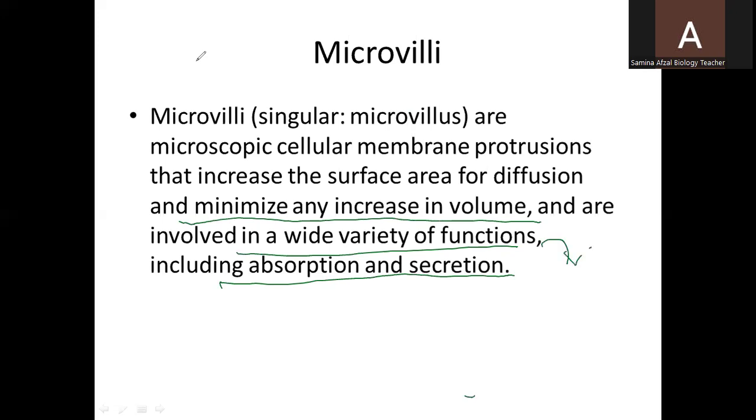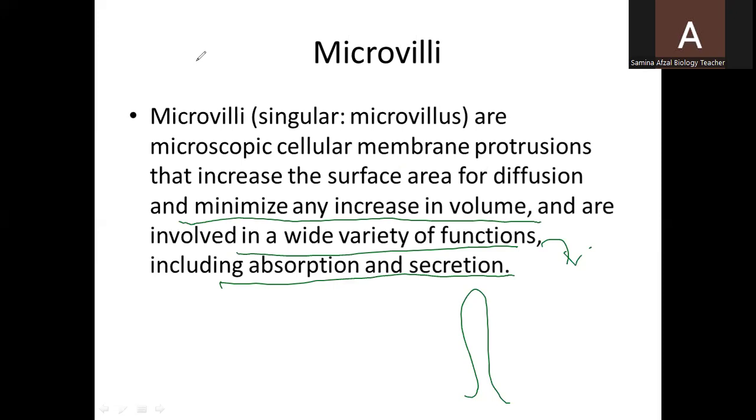So they are finger-like projections which are present on the internal surface of the small intestine, and their main function is to increase the surface area for more absorption and for diffusion. In this way, they are involved in these major functions which are absorption and excretion.